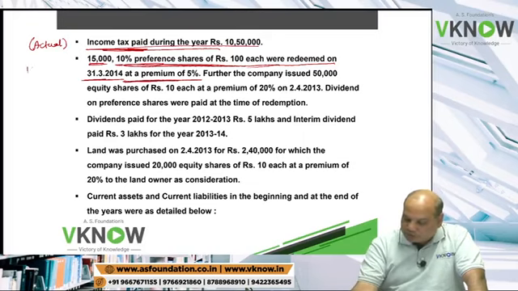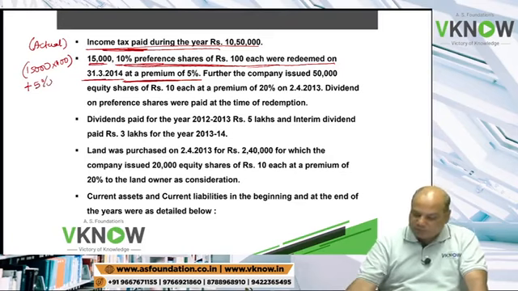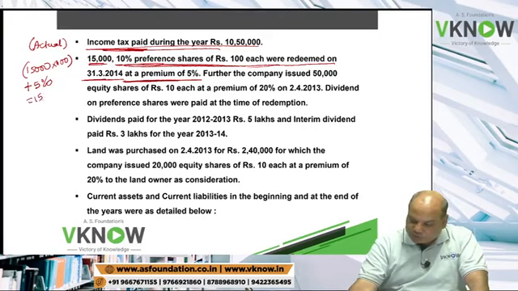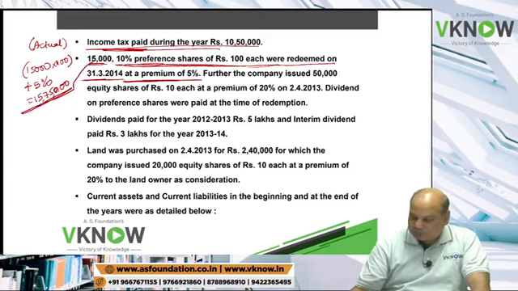So what is the amount paid? 15,000 into 100 plus 5% premium. So the total payment made to preference shareholders on redemption is 15,75,000.